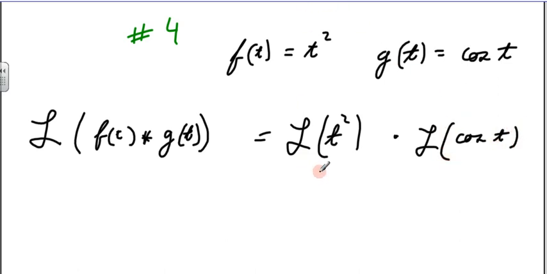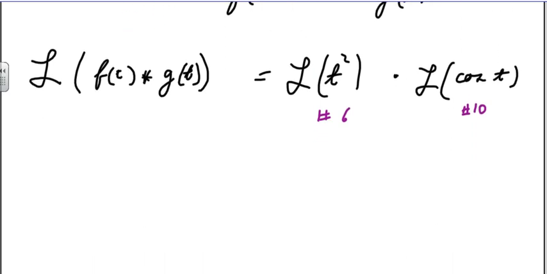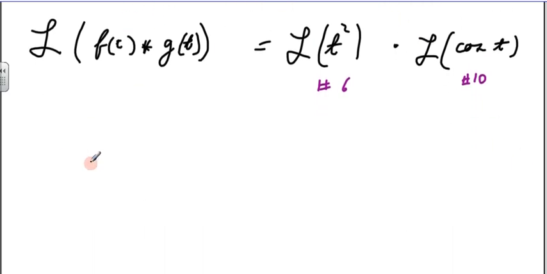And we look at our Laplace transform tables and we say this is number 6, and we say this is number 10. And then that's going to be equal to 2 over s cubed times s over s squared plus 1.